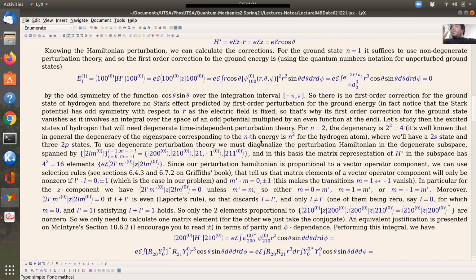And so actually, if you notice, McIntyre doesn't present the theorem that we showed last time regarding finding an operator that commutes with the unperturbed Hamiltonian and the perturbation, etc. But if you look at the way he does this problem, he in principle presents the 4 squared matrix to be calculated, and then he gives arguments that rely very closely on parity and symmetries of that kind in order to say why they vanish.